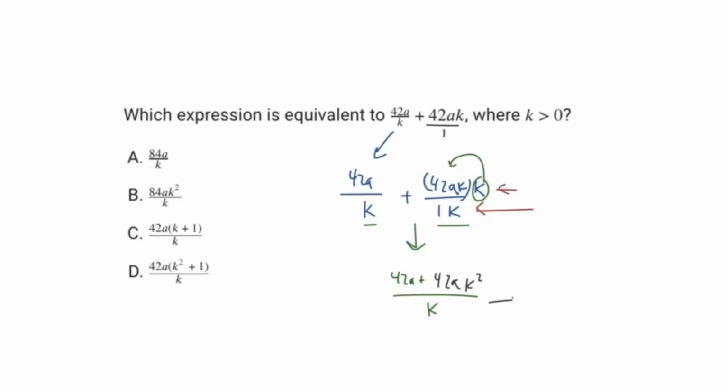All right, so now we need to factor out the greatest common value from the top. So that is going to be 42a, and 42a times 1 will give us this first value of 42a, and then plus k squared, which is going to give us 42a times k squared will give us the second value, all over k.